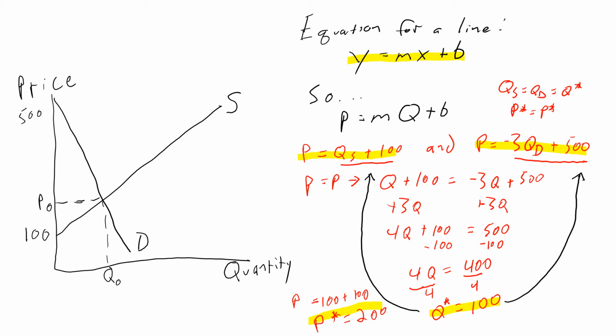The key point here is that we're always going to have two unknowns. We're going to have our unknown equilibrium quantity, our unknown equilibrium price, and we're always going to have two equations, our supply equation and our demand equation.